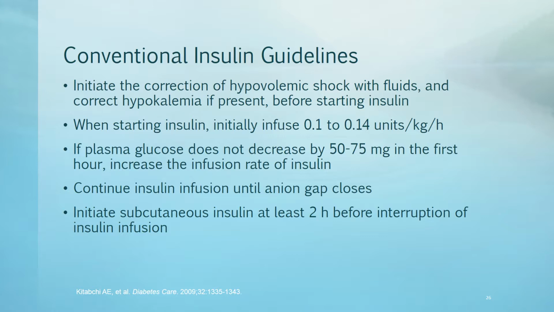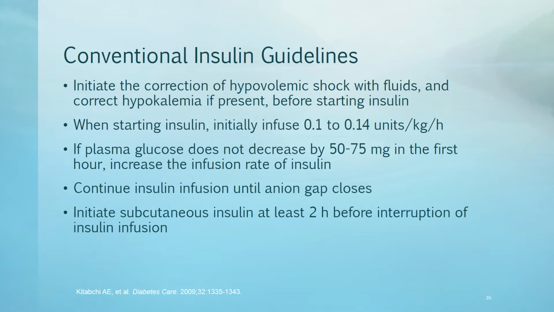So if for some reason they come in and they have hypokalemia, which you will generally see in your HHS, you want to make sure that you always correct your potassium before you start the insulin. Because if they're already showing hypokalemia, what's going to happen when you start the insulin? The potassium is now going to be carried back into the cell, which is further going to cause more hypokalemia.